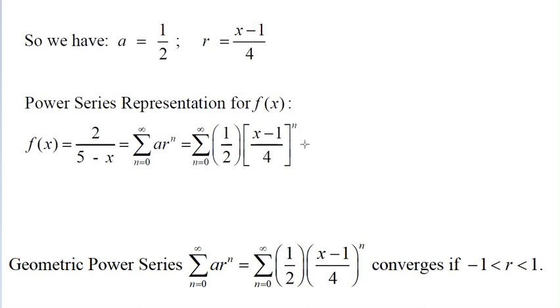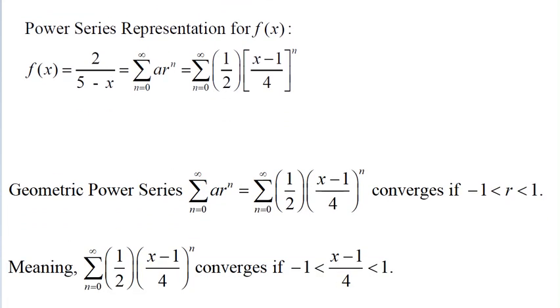This is a geometric power series, and so it converges as long as r is between negative 1 and 1. In this case, r is x minus 1 divided by 4. And so this series converges as long as x minus 1 divided by 4 is between negative 1 and 1.